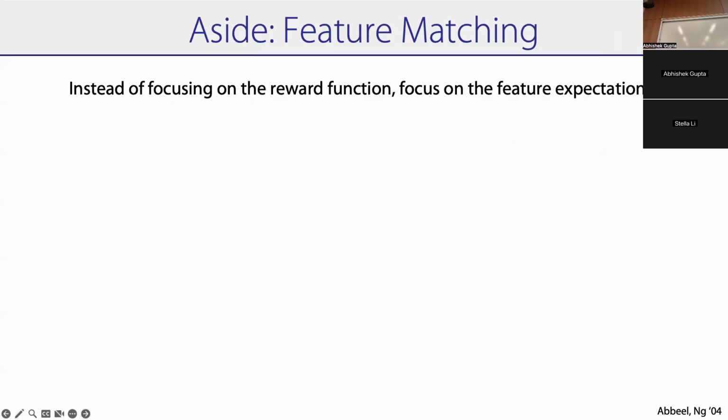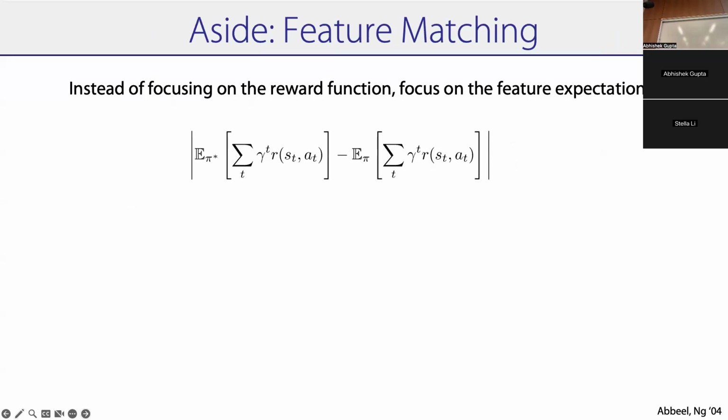What feature matching says is that if I have two different policies, let's say pi star and pi, right? If rather than focusing on the reward function, you can match the feature expectations, then the policies will be similar, right? So that's arguing that let's take the value of these two policies under some reward function R, right? Let's say the reward function R is again linear.